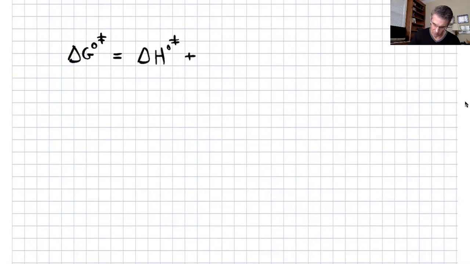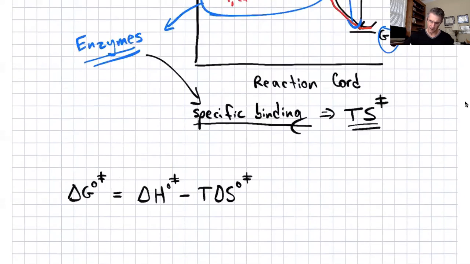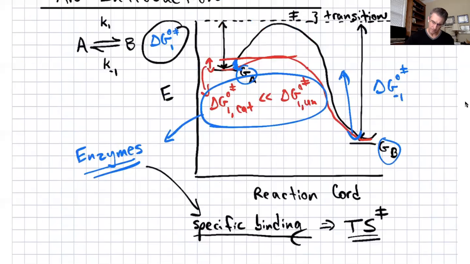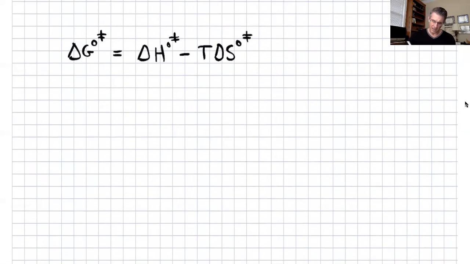Plus, minus T delta S, the entropy contribution, right? So what we're thinking about here, we have this free energy difference, right? Getting between the ground state and the transition state. If we can't get the transition state, we can't make product. We can decompose that free energy difference into the enthalpy and entropy components.